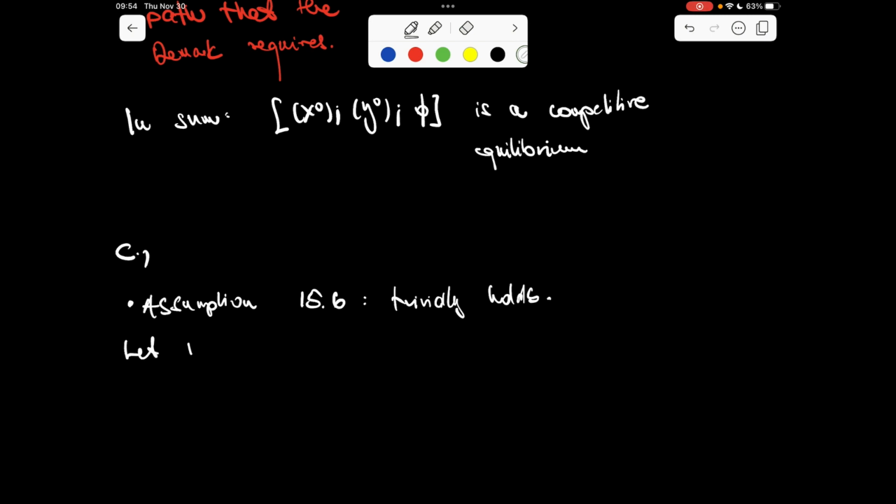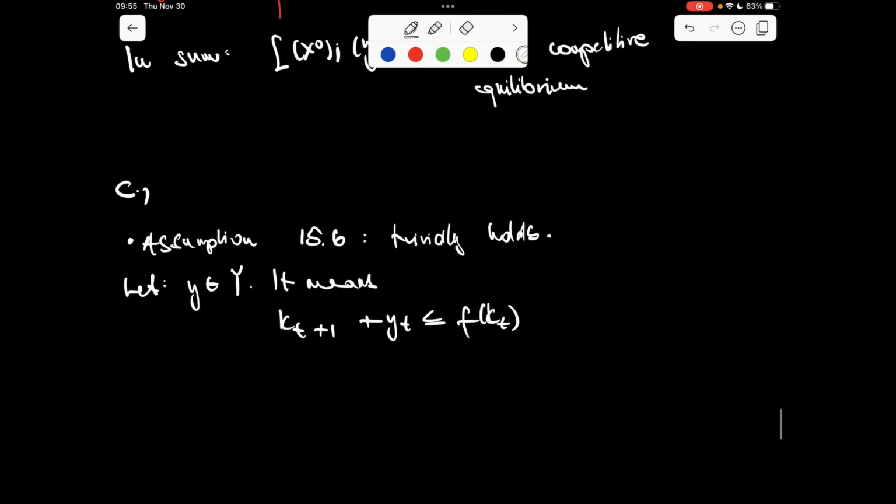Let a production path be in the production set. It means that this inequality, the defining inequality, holds. However, we are supposed to realize that this inequality also holds.